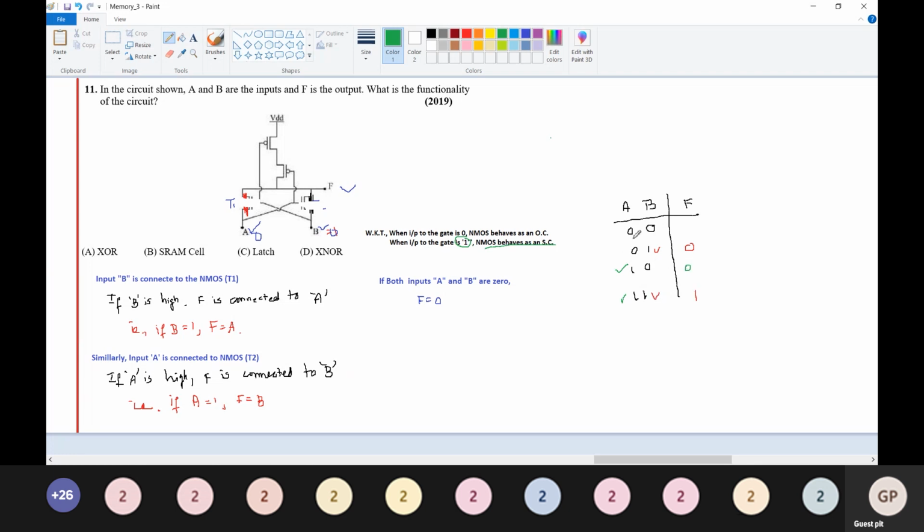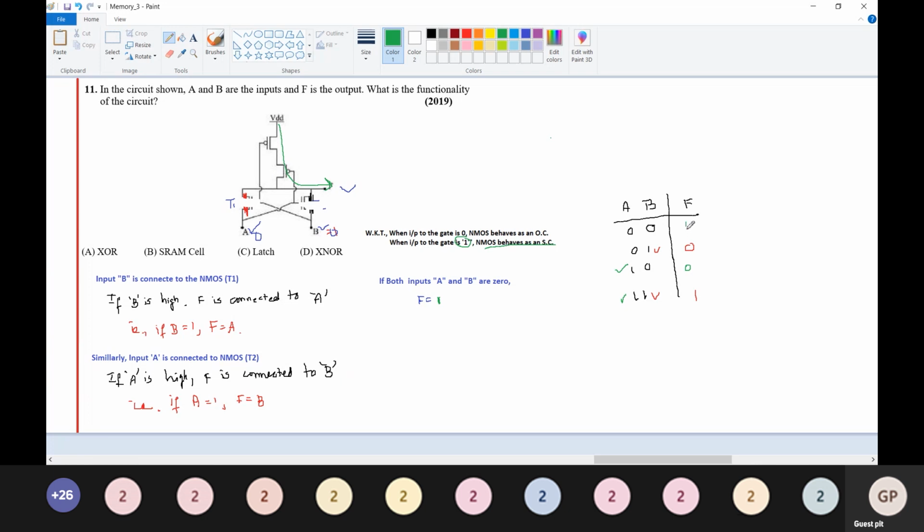And when both are 0, what is going to happen? Both are open circuit, so VDD appears at the output.